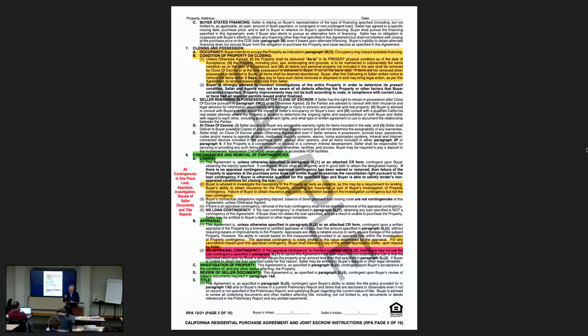Now the title is expanded in that it's the contingency for preliminary title report, which is now contingent upon buyer's ability to obtain the title policy and on buyer's review of the current preliminary title report.